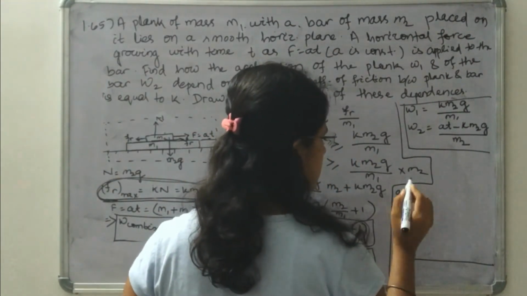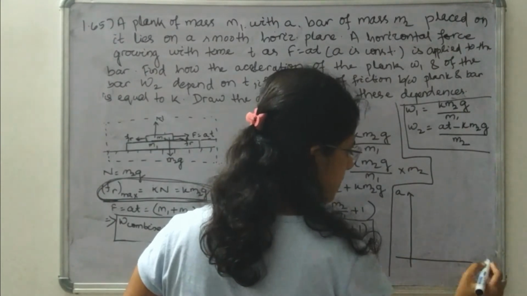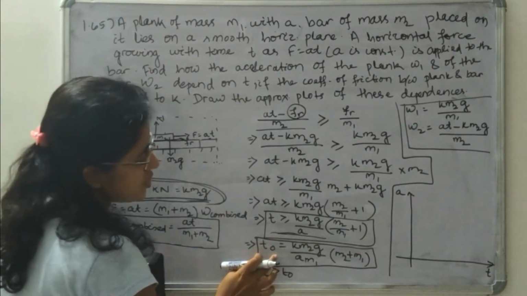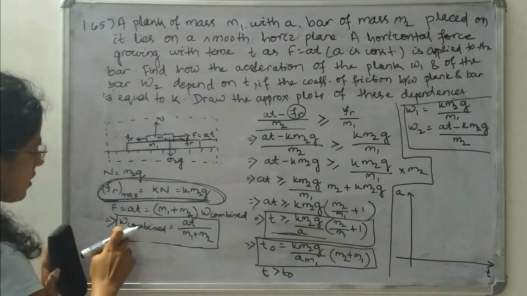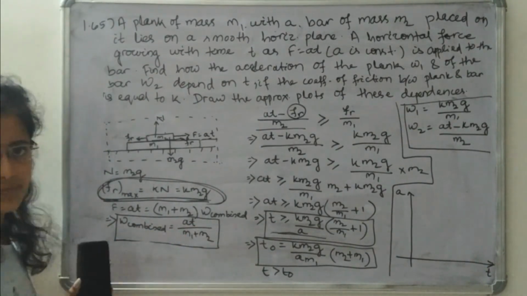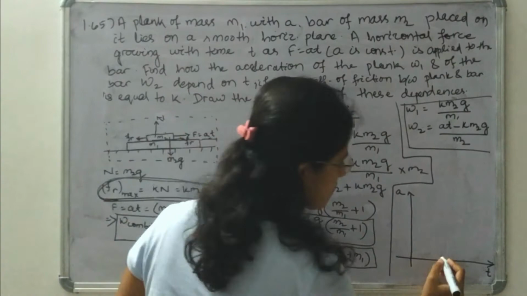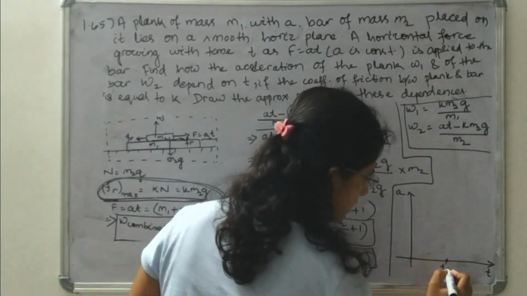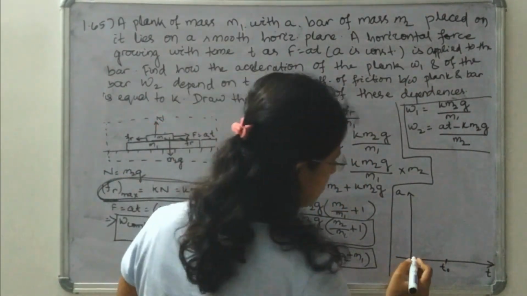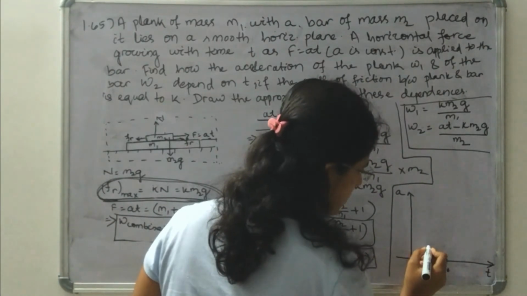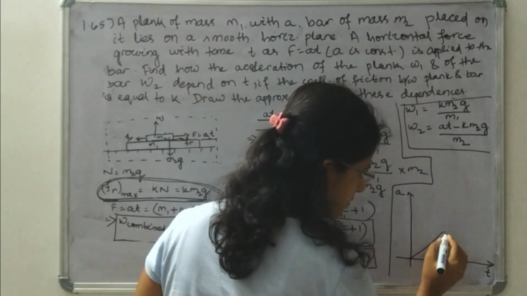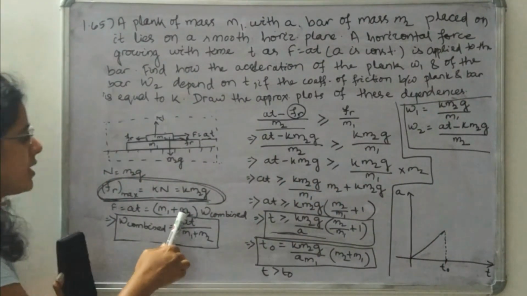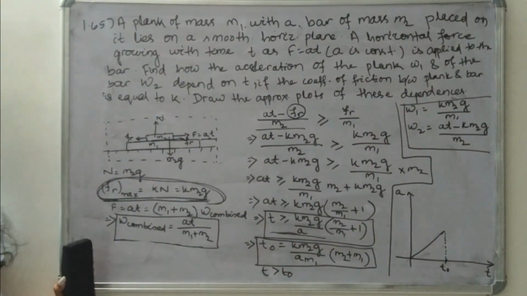Let us consider this is A and this is T. You can see that up to this much time these two bodies are moving as a system, that means with combined acceleration. Up to t naught time, these two bodies are moving with combined acceleration A T divided by m1 plus m2.